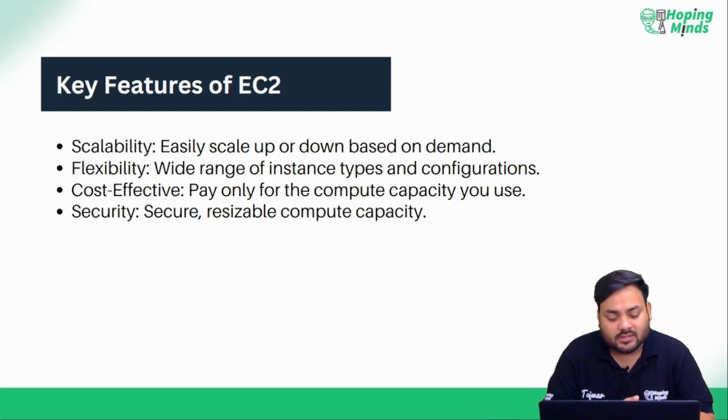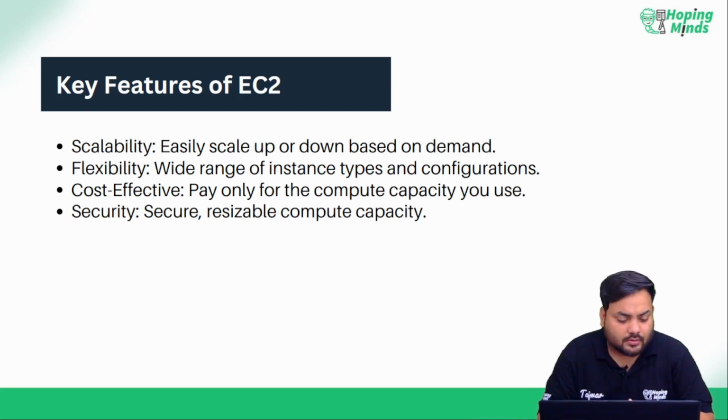Then we have cost effectiveness. As a student, once you create your account and log into AWS, you will get something known as the free tier. In the free tier, you get around 750 hours of AWS usage.